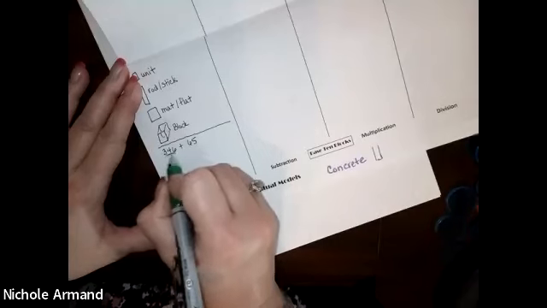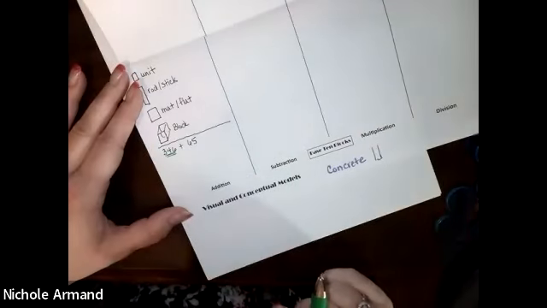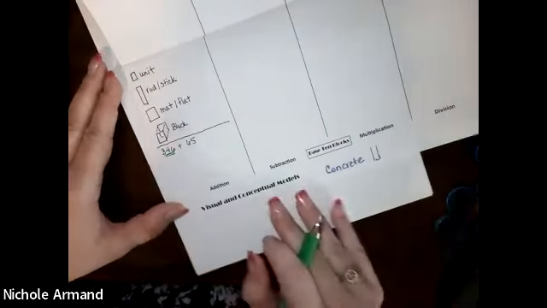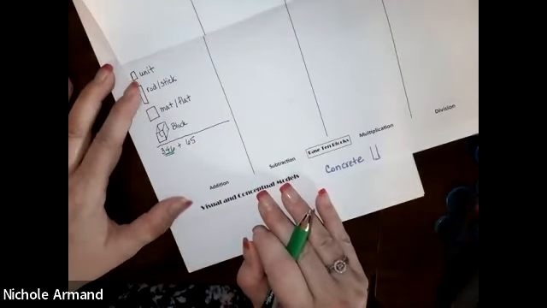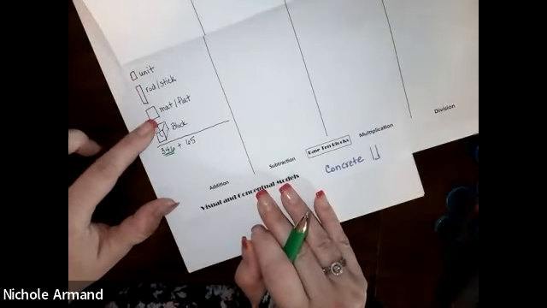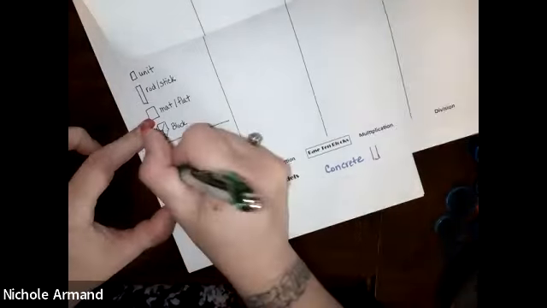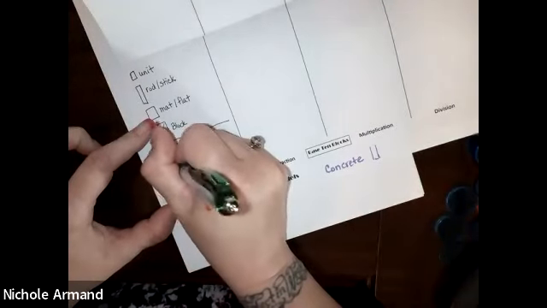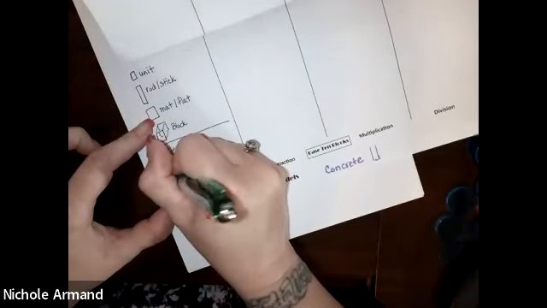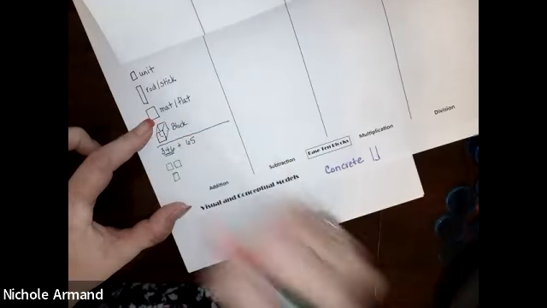I took a color, in this case green, and I put the first number in green, and I represented it as 300. So that's going to be 3 mats. 1, 2, 3.